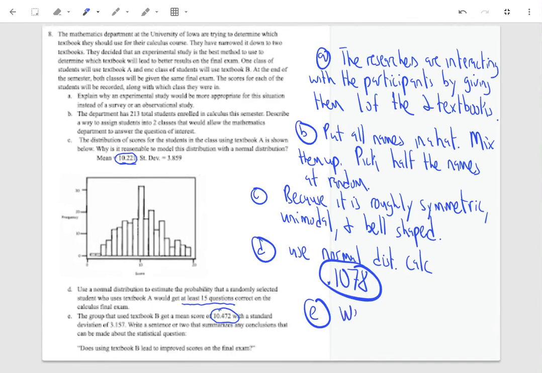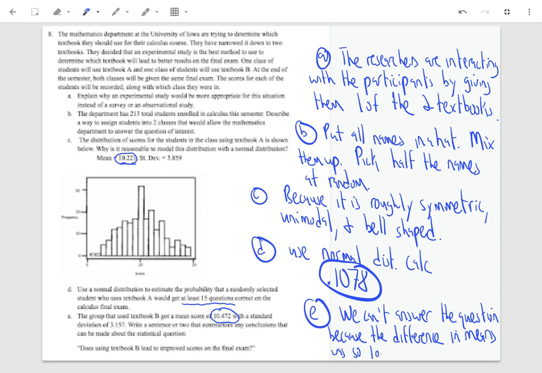So we can't answer the question because the difference in scores, the difference in means, was so small. Okay. It only went from 10.2 to 10.4. That is not a very large difference.